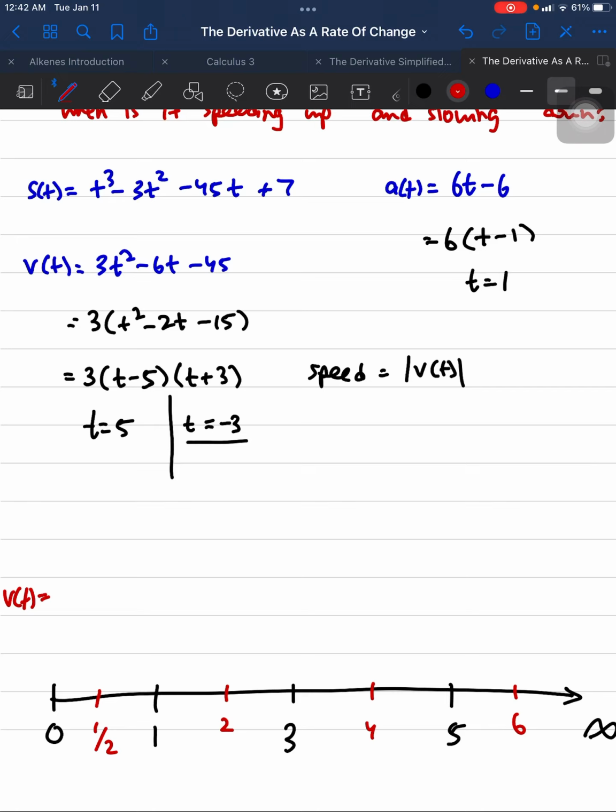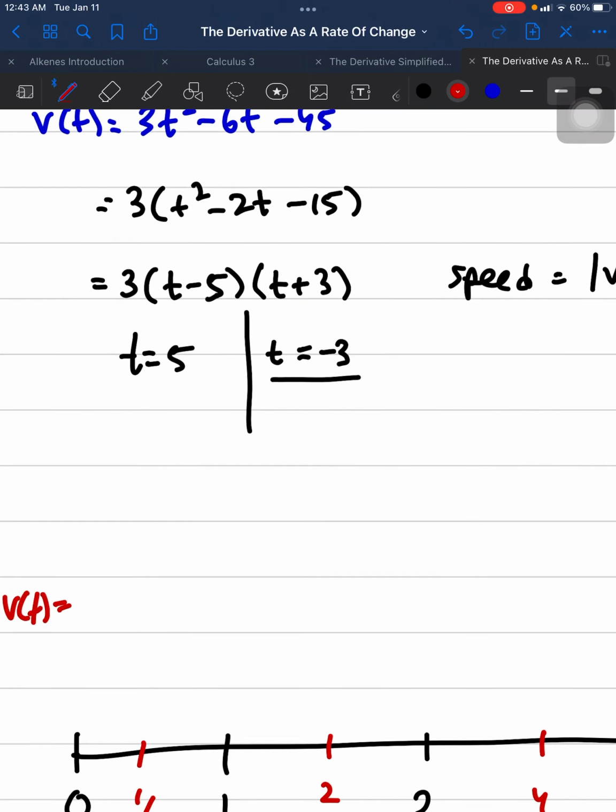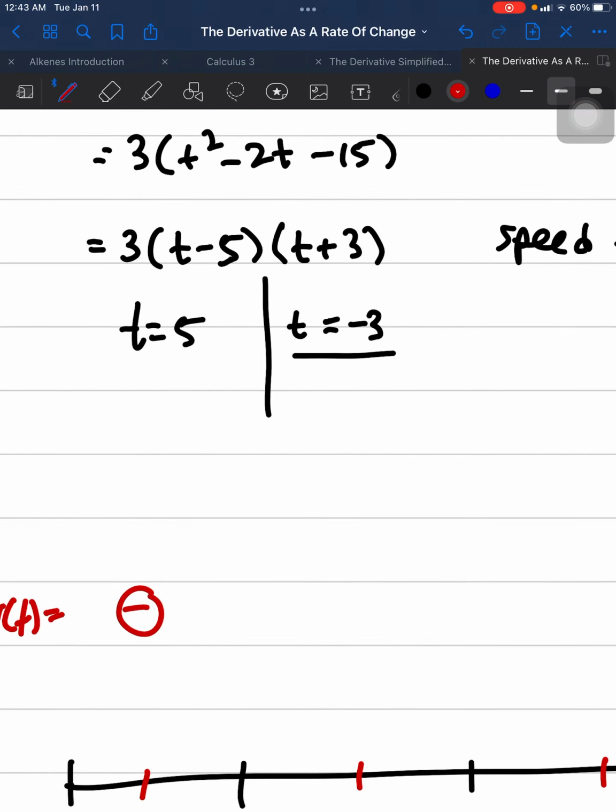let me calculate this out real quick. So when we evaluate 1/2 in the velocity function, we get negative 47.25.